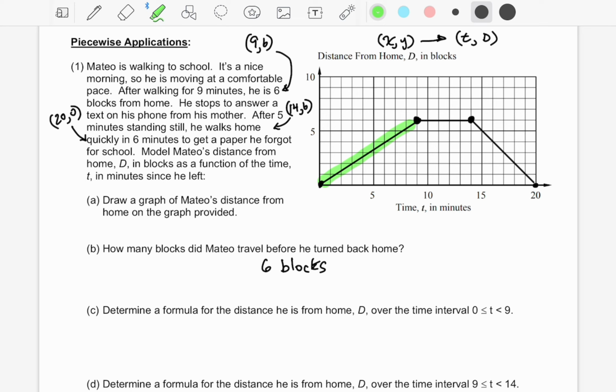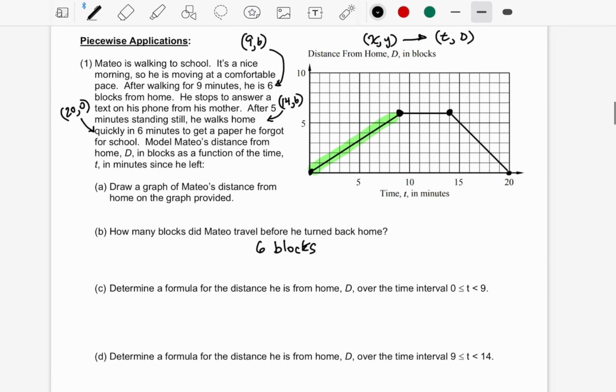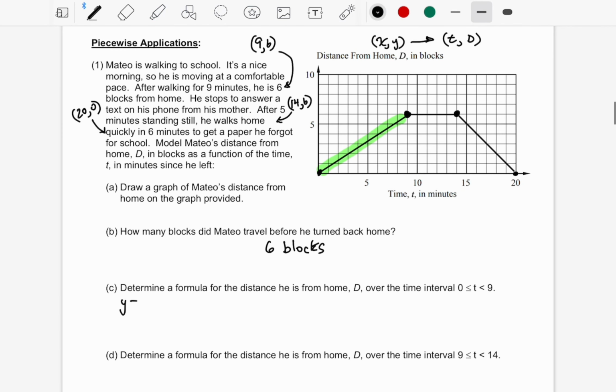It's still slope y-intercept though. So normally it would be y equals mx plus b. Now it's d of t is equal to m times t plus b. So instead of saying f of x, function of x, we're saying d of t, function of time.